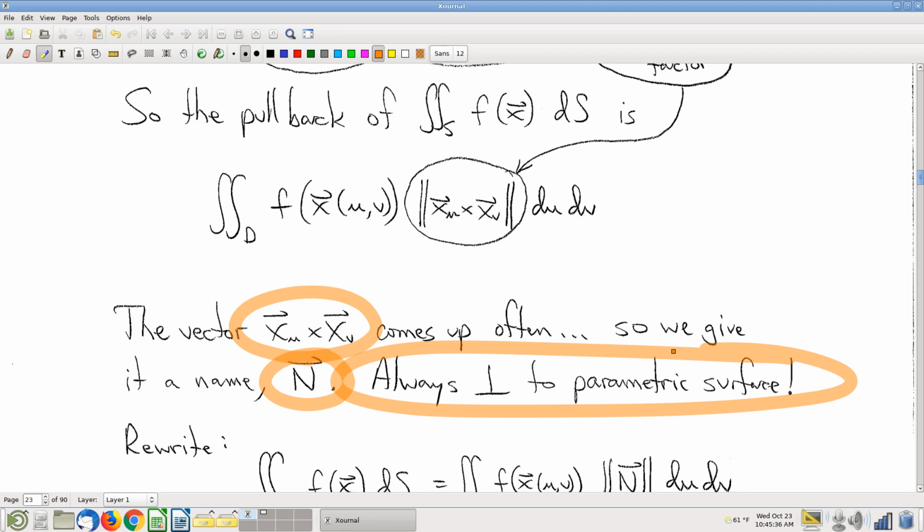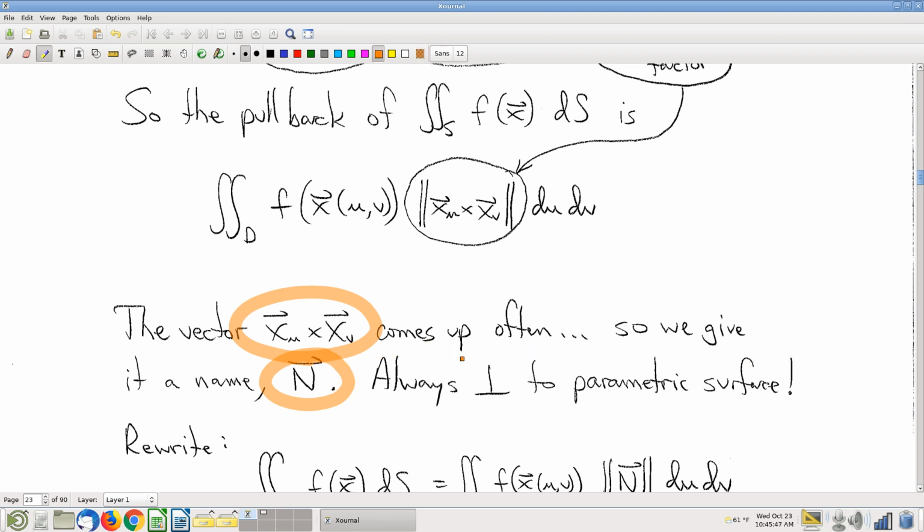The normal vector was just any vector perpendicular to the plane you're interested in. This N is not whatever. This N is a very specific formula. It is not just any vector perpendicular to your surface. It's that vector perpendicular to the surface. So do be careful with that. Capital N is a very specific thing.